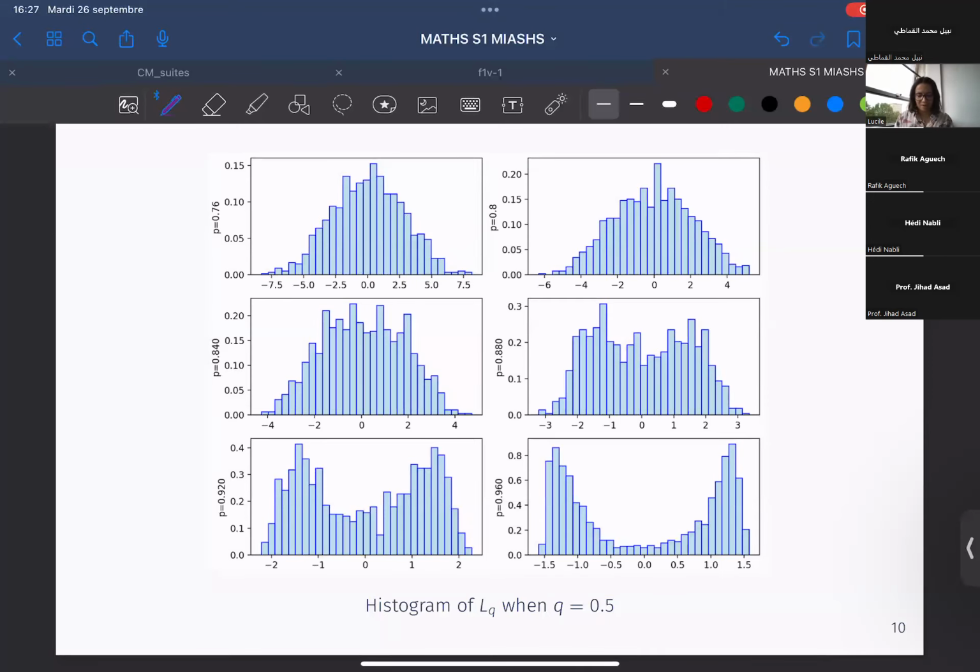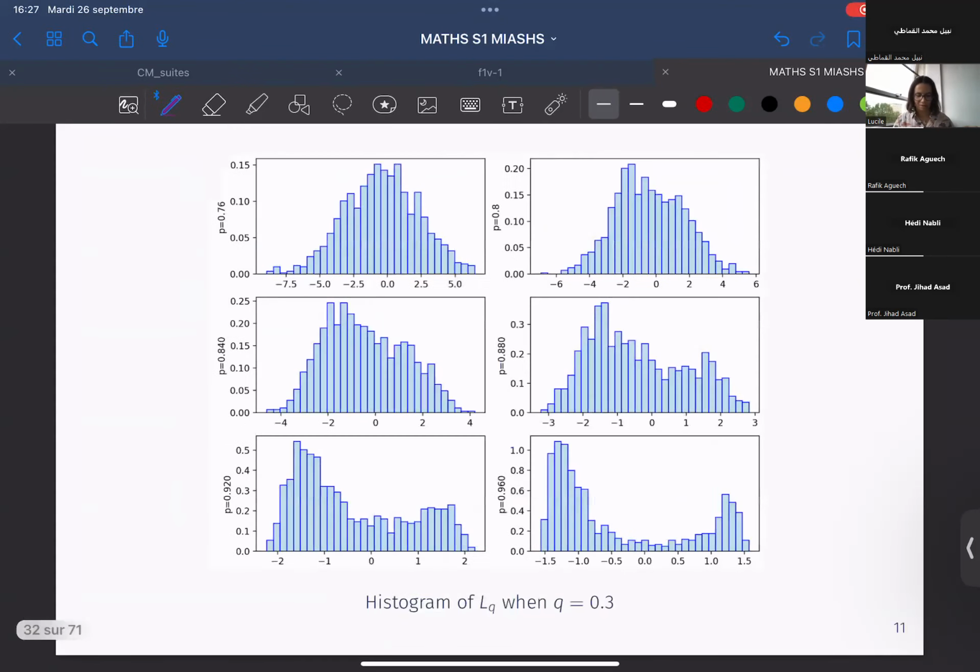If at first the elephant has as much probability of going to the right as to the left, it reflects on the law of the limiting random variable, because it gives as much weight to the right as to the left.